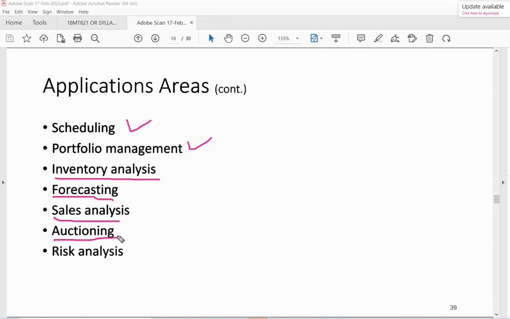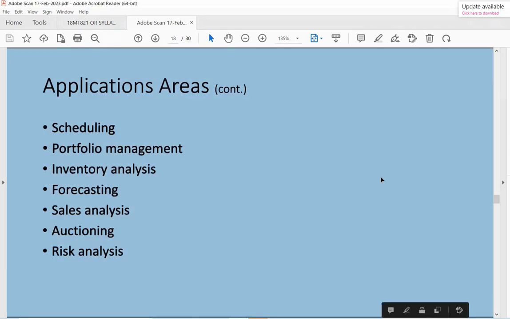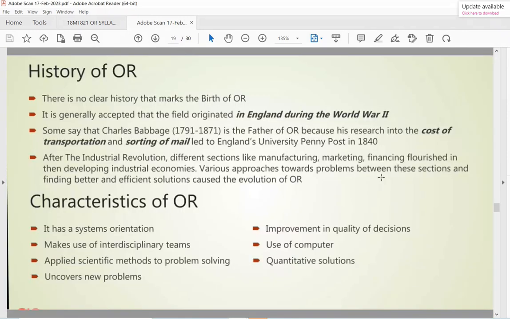Whatever operation you thought to be present, proper actions are to be taken with respect to the operations. Then risk analysis. This proper risk analysis is also a most important thing we need to consider. All these things are applications oriented with respect to OR. Later we can discuss the characteristics of OR.